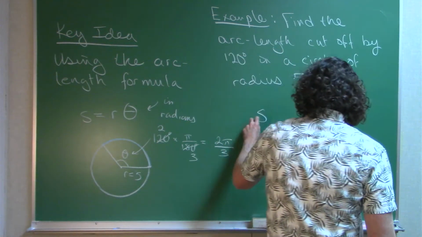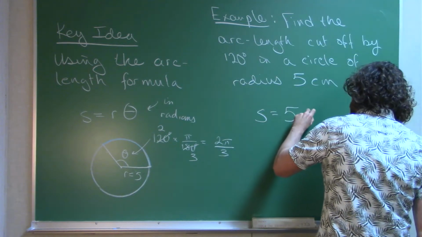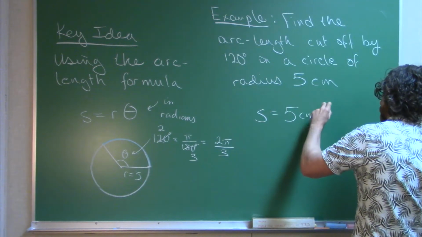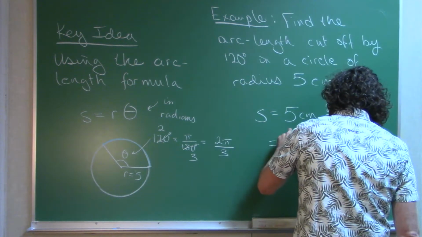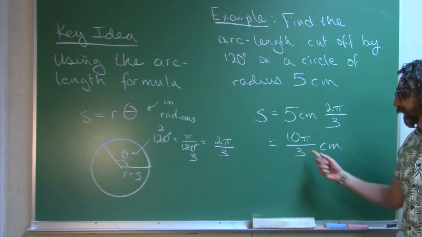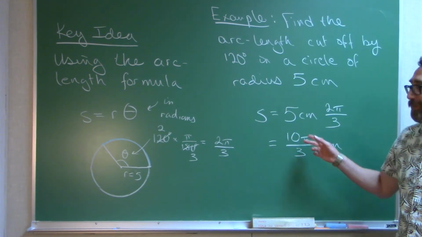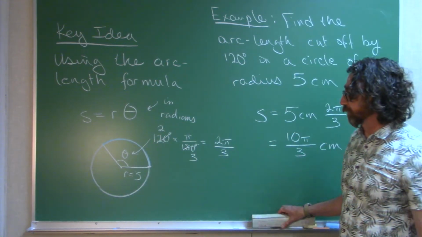So the arc length s equals r, 5 centimeters, times my angle theta, 2 pi over 3. So 10 pi over 3 centimeters. That's the arc length cut off by a 120-degree angle.